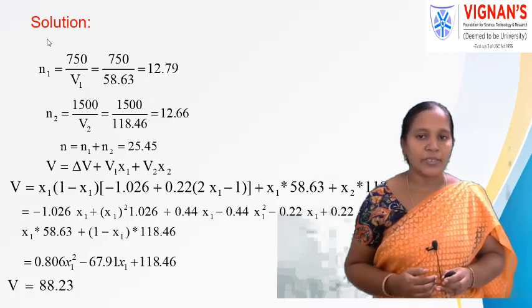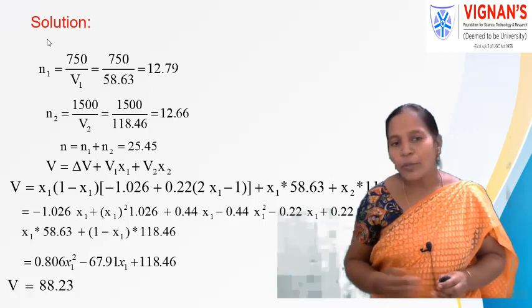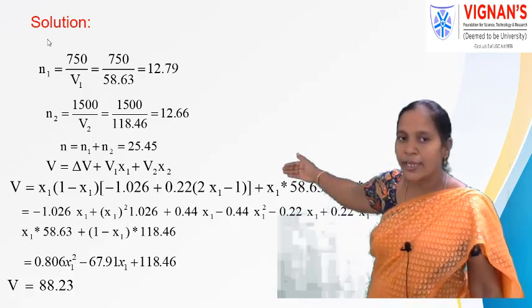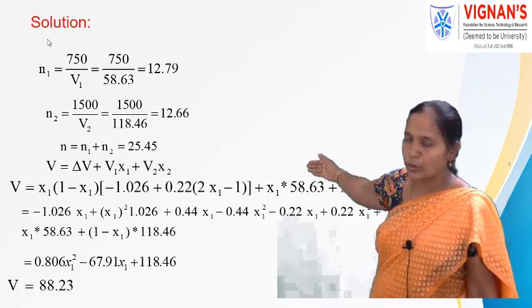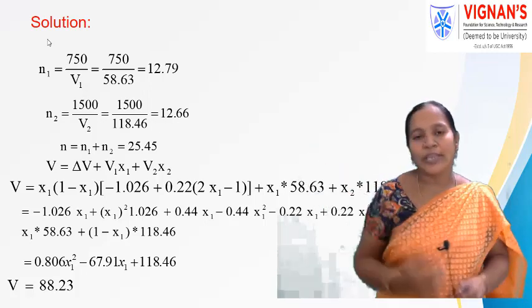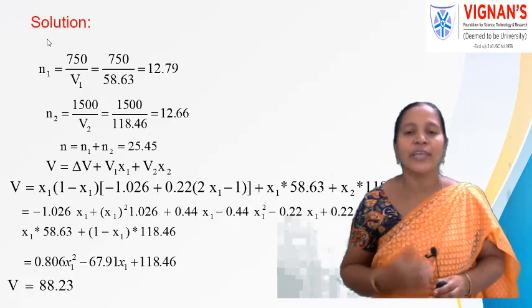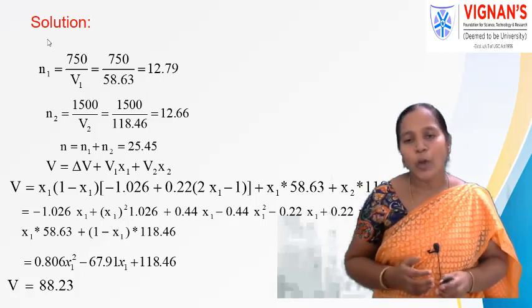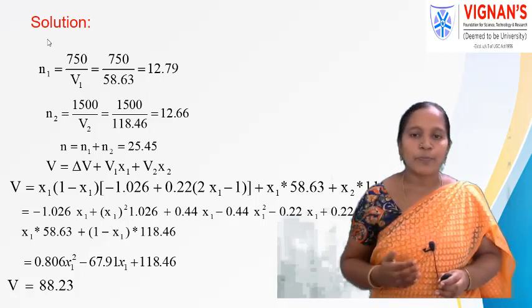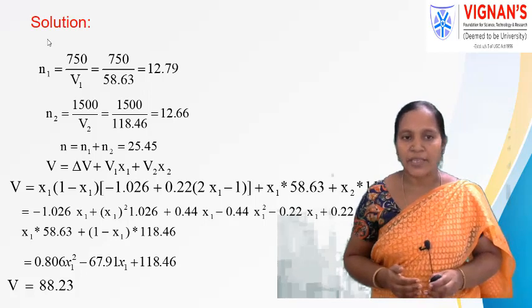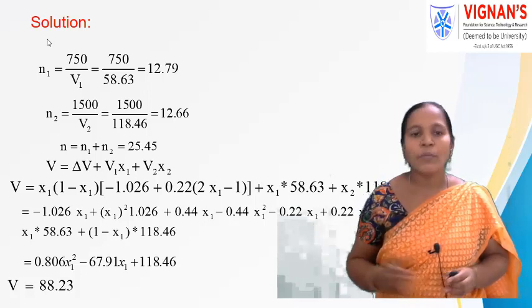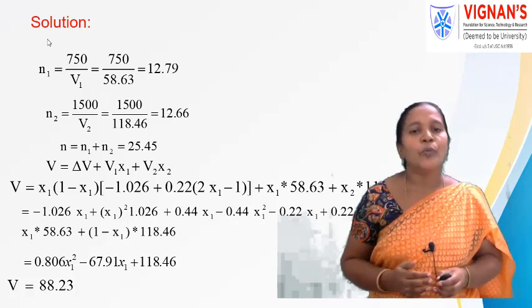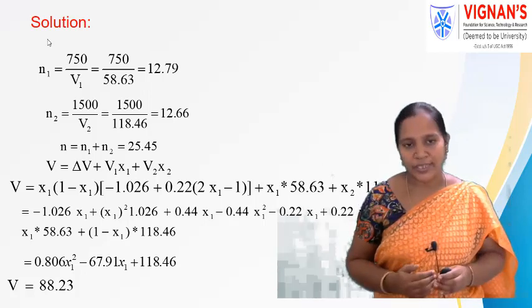That is equal to -1.026 x1 + 1.026 x1 square + 0.44 x1 - 0.44 x1 square - 0.22 x1 + 0.22 x1 square + 58.63 x1 + (1 - x1) 118.46.